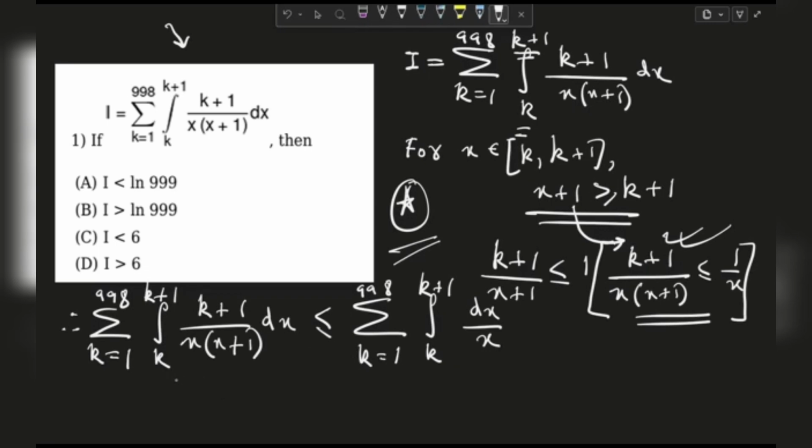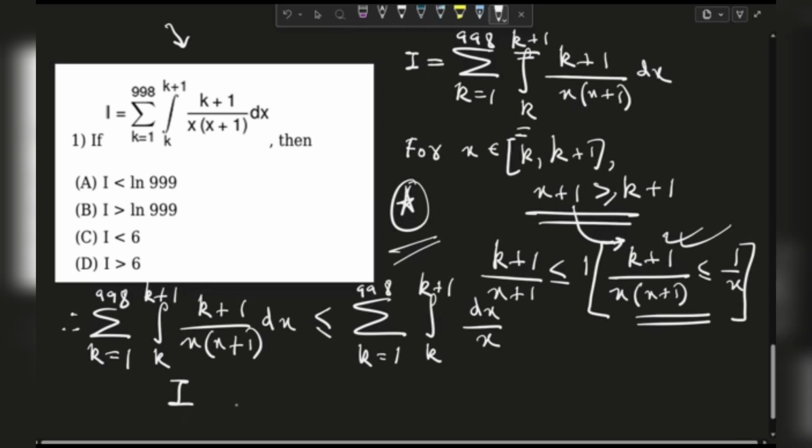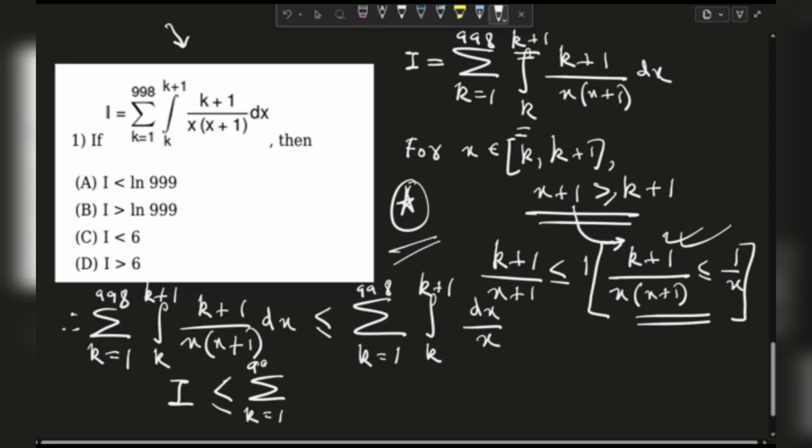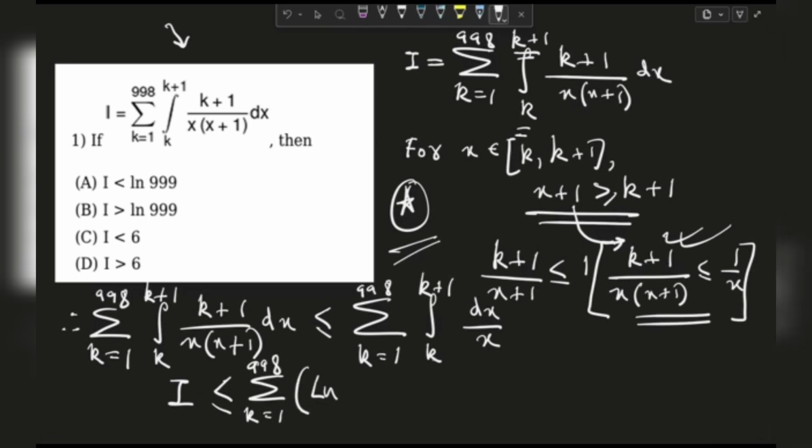And now this left side is simply our I. And also we can integrate this thing pretty easily. So dx by x, that is sigma k equals to 1 to 998, and this thing becomes ln of k plus 1 minus ln of k. So ln of k plus 1 by k.